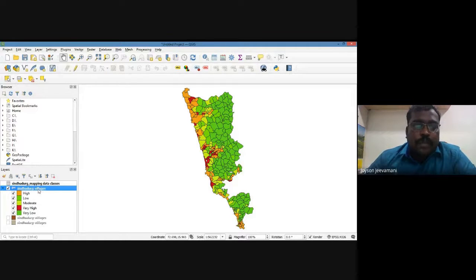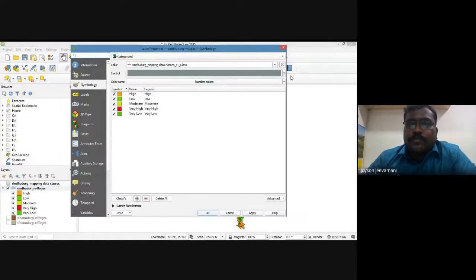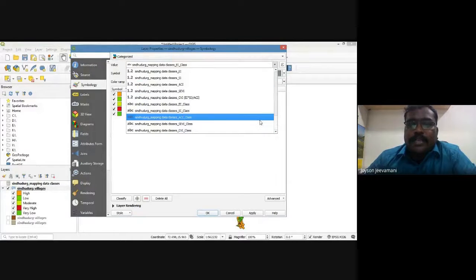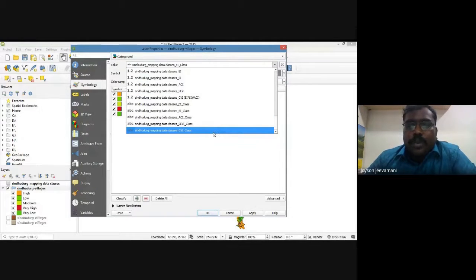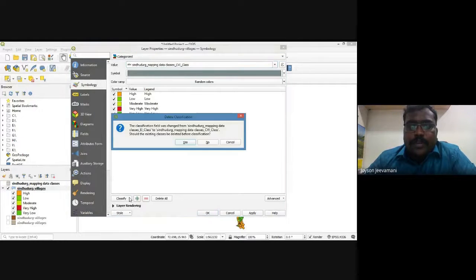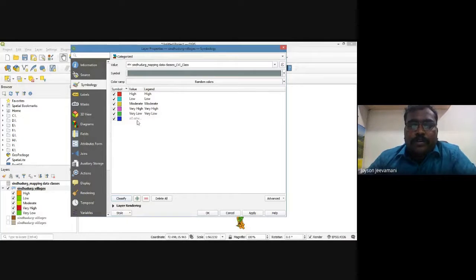So if you want to map sensitivity instead of exposure index, you can select the sensitivity class, and then go like that. Let us see the cumulative vulnerability. So I am clicking that and classifying it. It is showing a classification already. You can modify it.